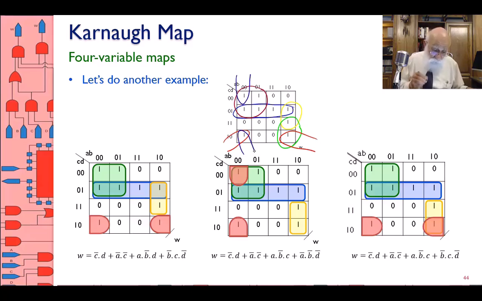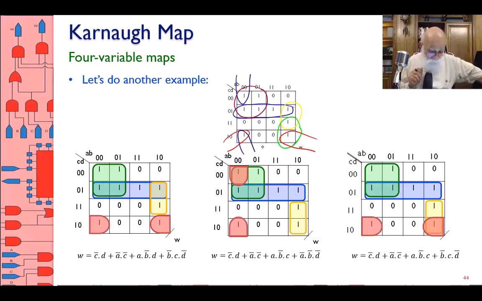Because true, the upper one is covered by the brown one, the lower one is covered by the red one, but nothing completely covers this, and therefore this too is a prime implicant. Let me make sure I'm not missing anything. No, I'm not missing anything. So let's continue with selection of essential prime implicants.